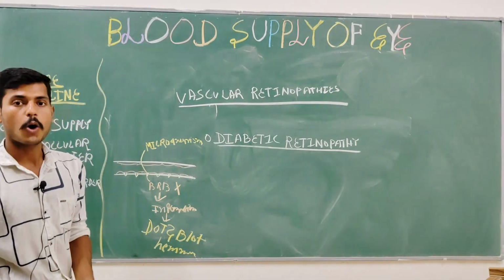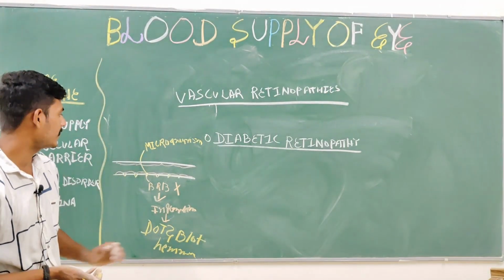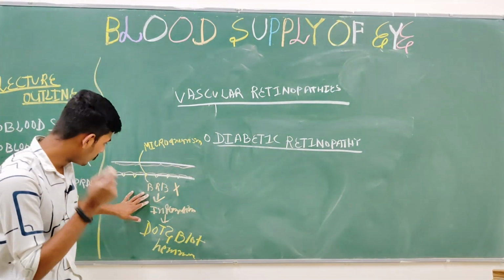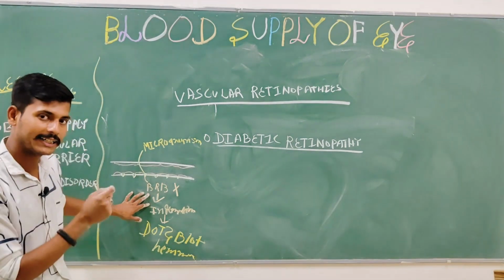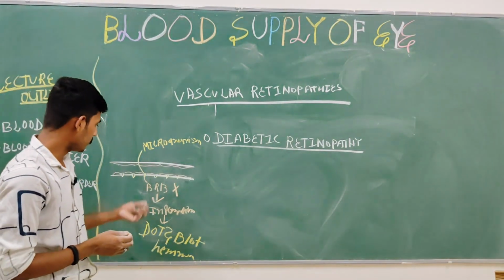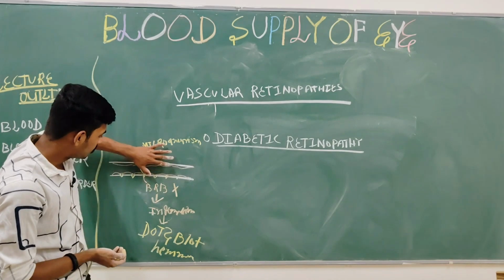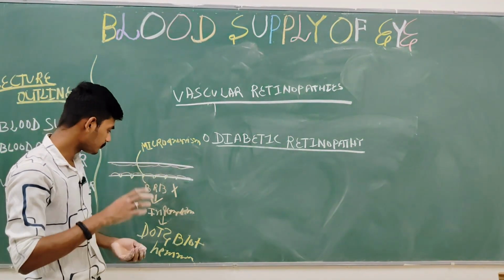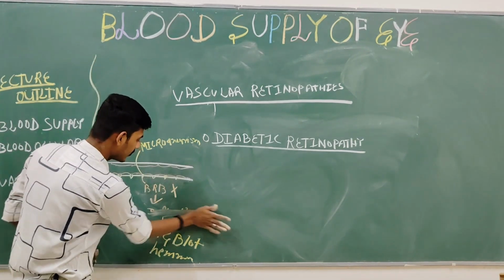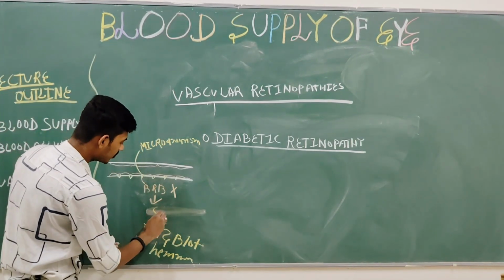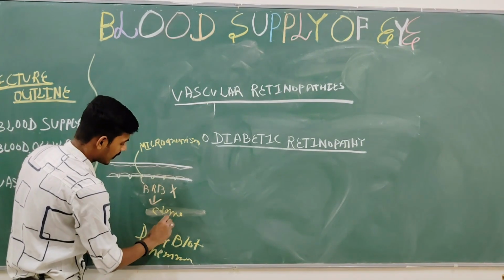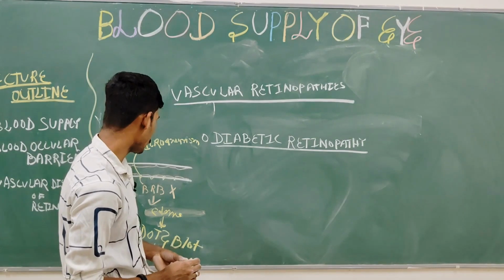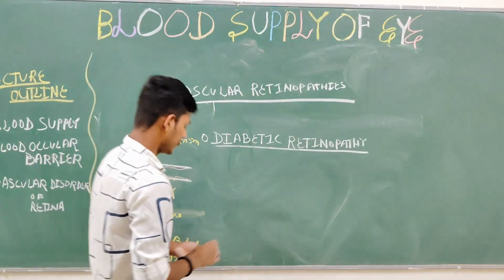So one of the hallmarks of diabetic retinopathy is the breakdown of the blood retinal barrier, the fluids come into the retinal environment, and there is edema formation, which leads to hemorrhage, and this hemorrhage has a special name, the dot and blot hemorrhage.